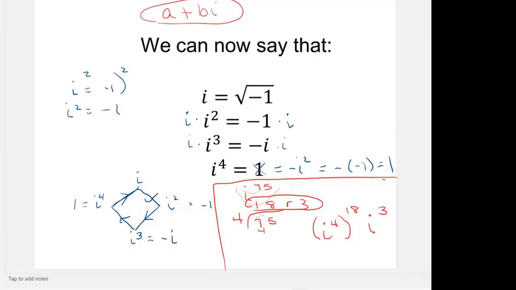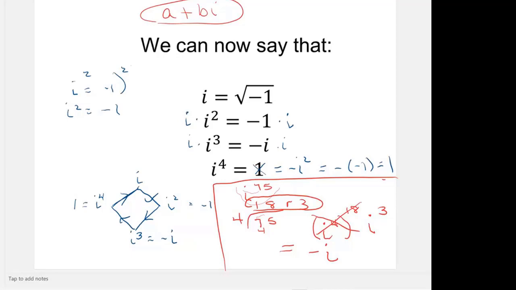Well, we said that i to the 4th is 1, and 1 to any power is 1. So this just disappears, because it's 1 times whatever's left. And whatever's left is i to the 3rd, which is equal to -i. Now I can say i to the 75th power is equal to -i.